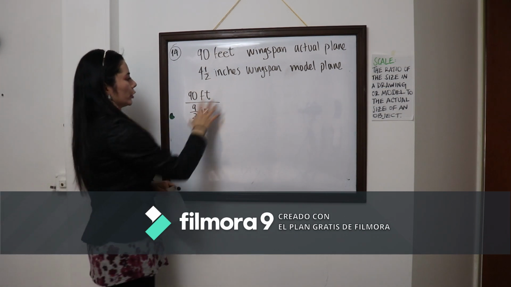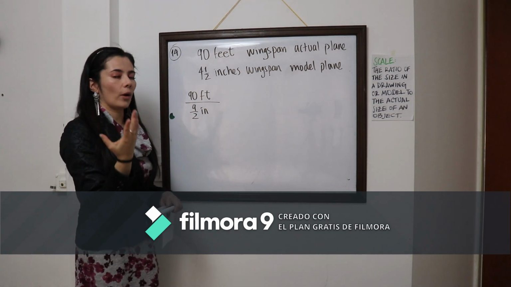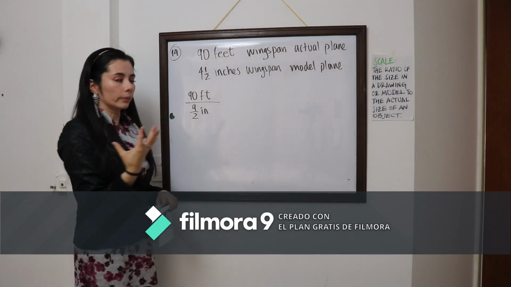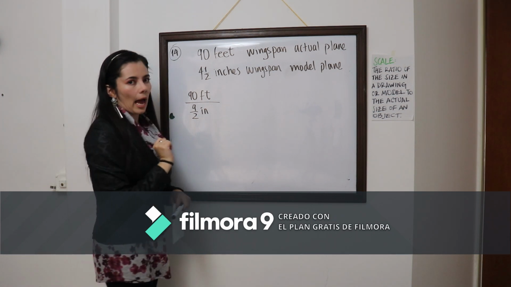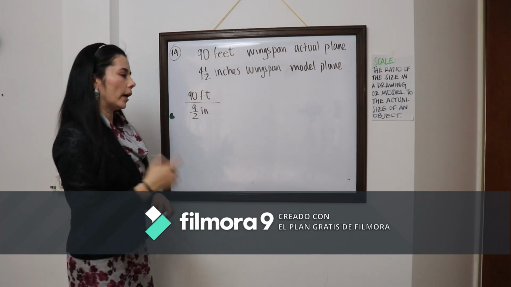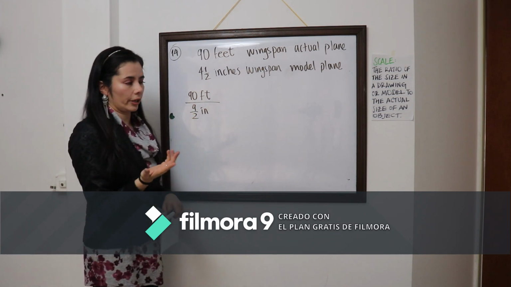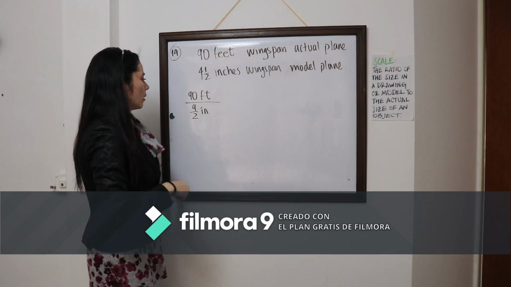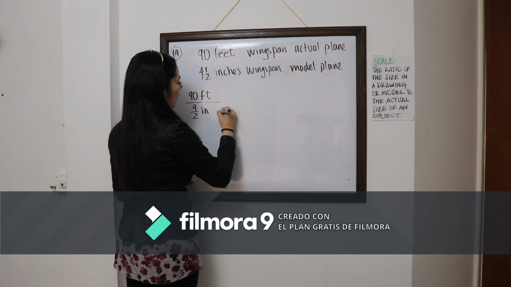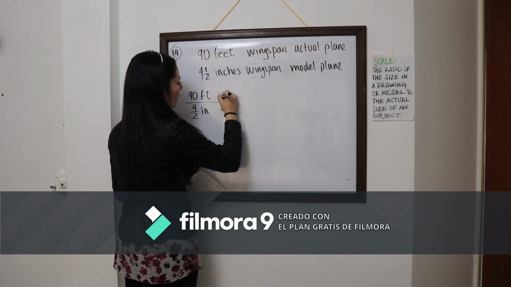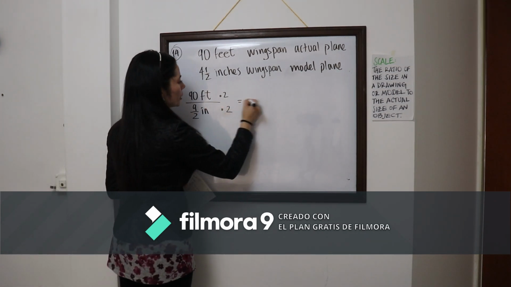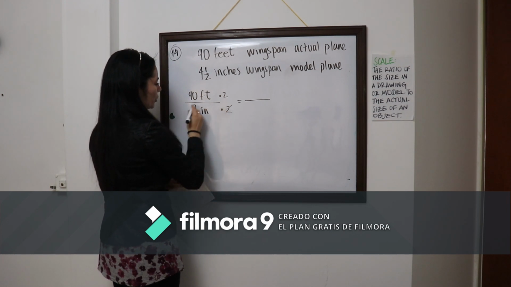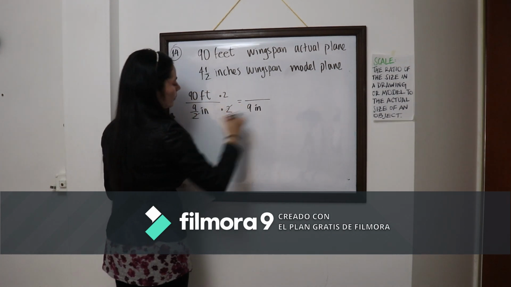What I want to do is to actually simplify this ratio to the point I get a unit rate. If I get a unit rate, then I'm gonna be able to find the scale rate. And I'm gonna use inches as the quantity I want to get to 1. Now, as you can tell, I have a fraction here, and a lot of times it's not that easy. But how about I multiply times 2 down here and times 2 up here. Why do I do that? Well, if I multiply times 2 down here, I'm going to cancel the 2's and I'm gonna end up with 9 inches only, right?